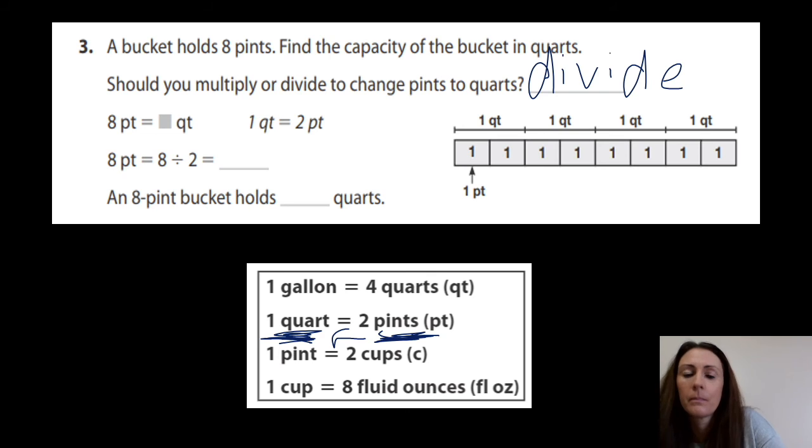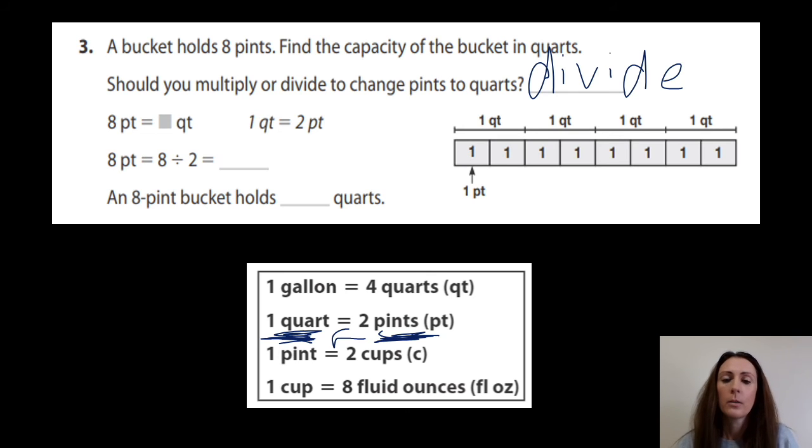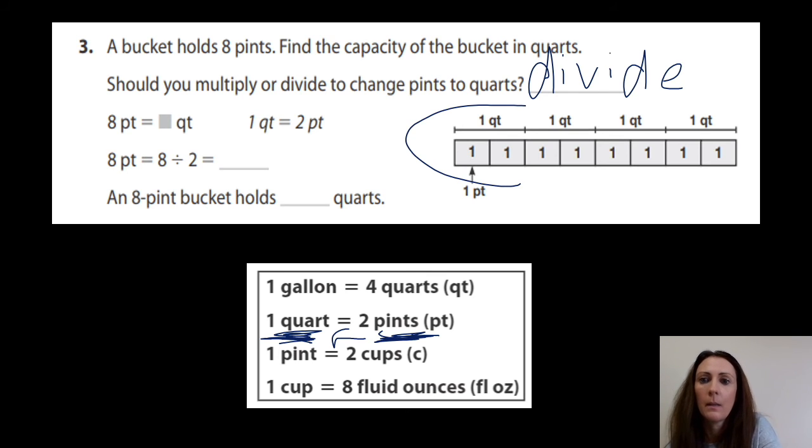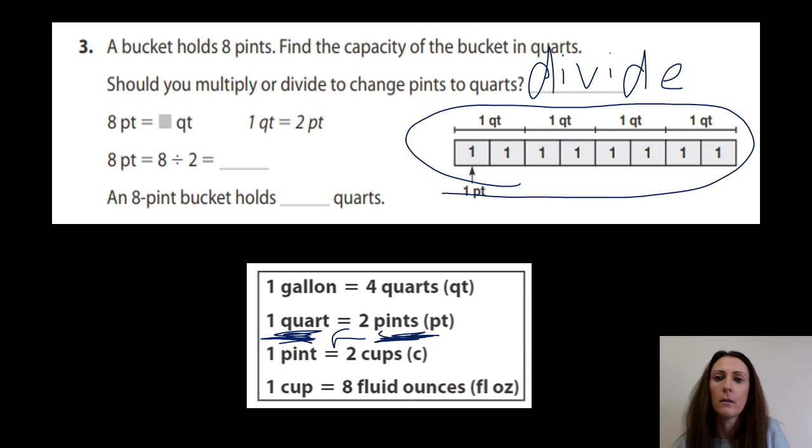Okay, so you see here in the picture that's drawn for you. For every 1 quart, there's how many pints? 1, 2.